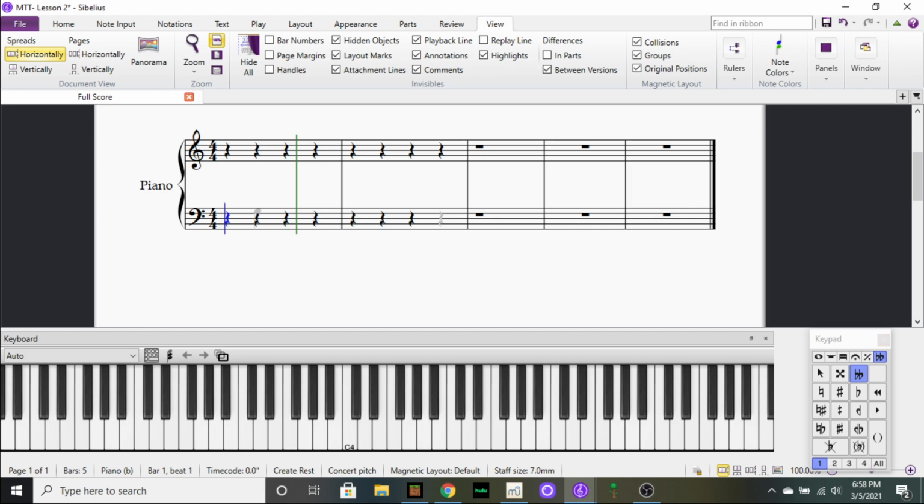So a double flat. Here we have B double flat. It's a different note than, say, B flat. Hold on. Let me do B flat. Well, hold on.